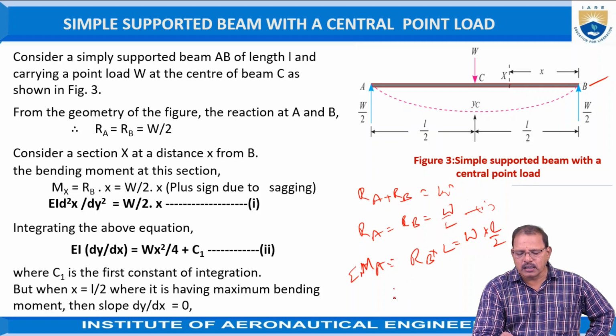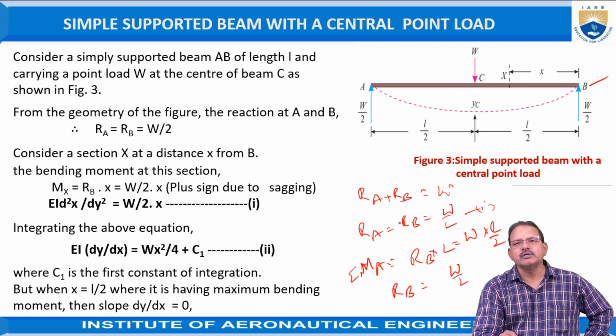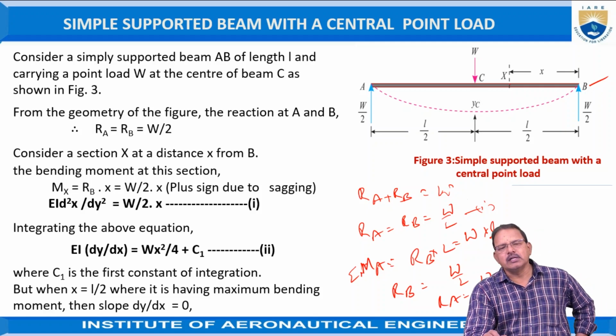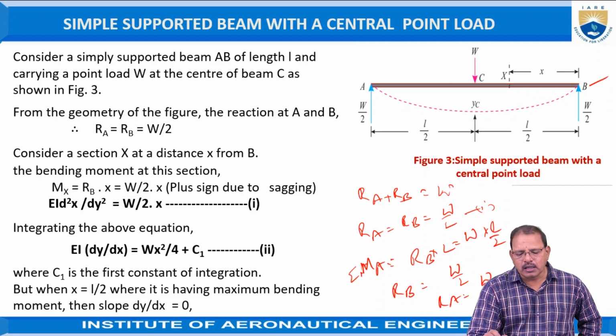From this relationship we get RB equal to W/2. But according to the relation, RA plus RB is equal to W. That means RA is also equal to W/2. So by using these relations, the magnitudes of RA and RB are equal, each being W/2.